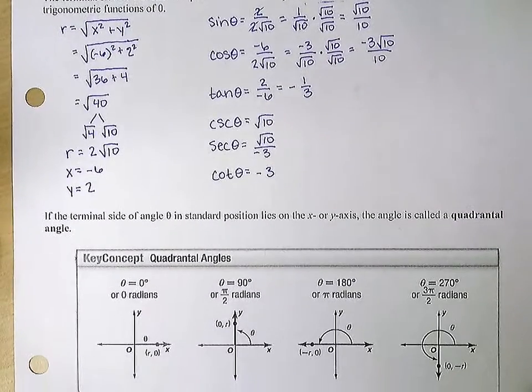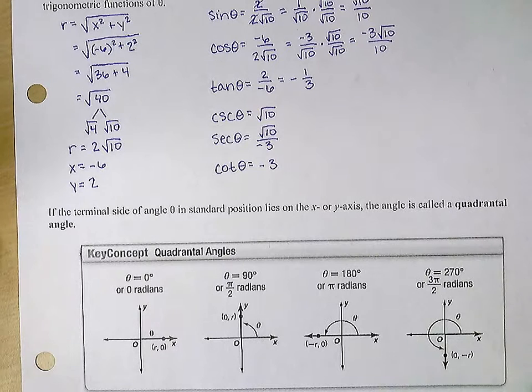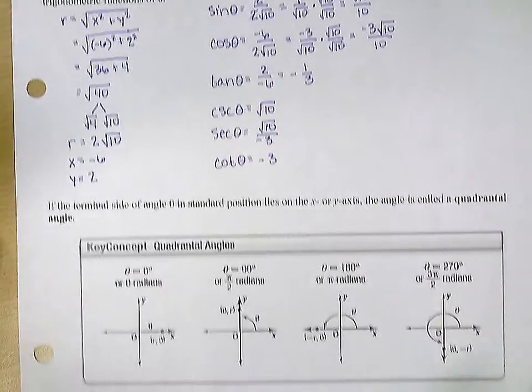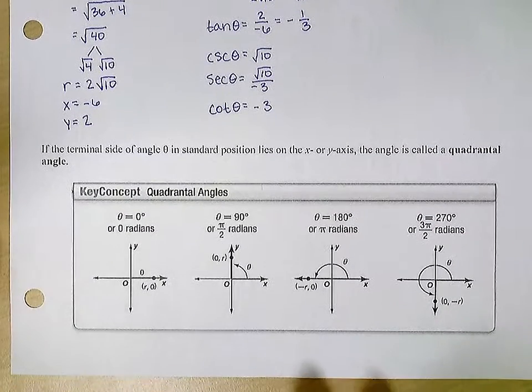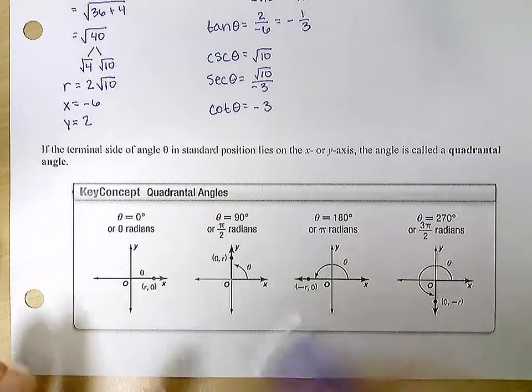All right, so at the bottom, you have if the terminal side of angle theta in standard position lies on the x or y axis, the angle is called a quadrantal angle. Okay, so those angles are 0 degrees, 90 degrees, 180 degrees, and 270 degrees, or 360, which is also the same as 0.